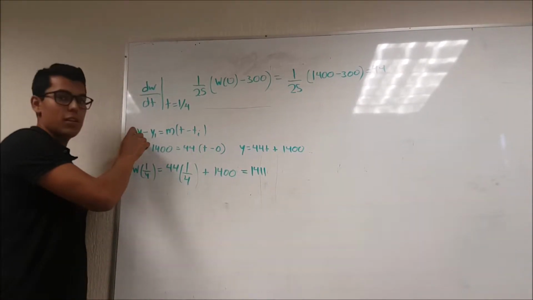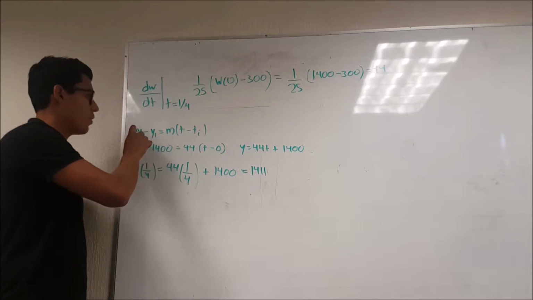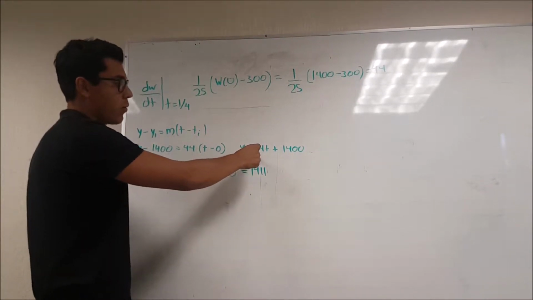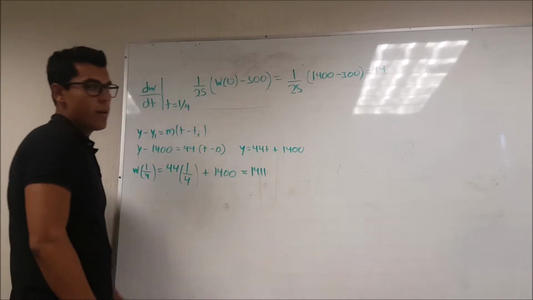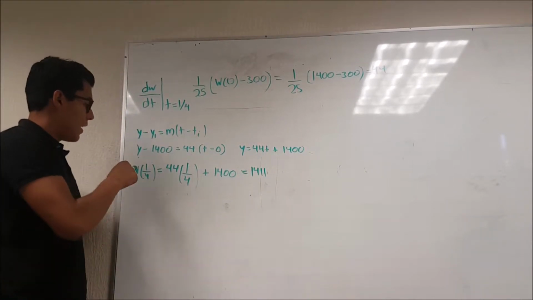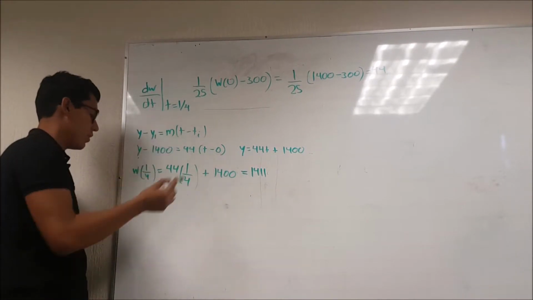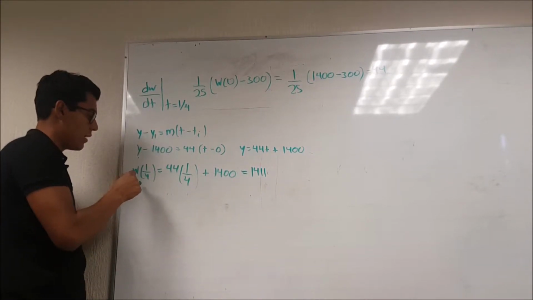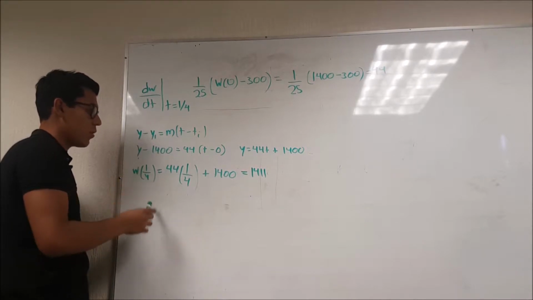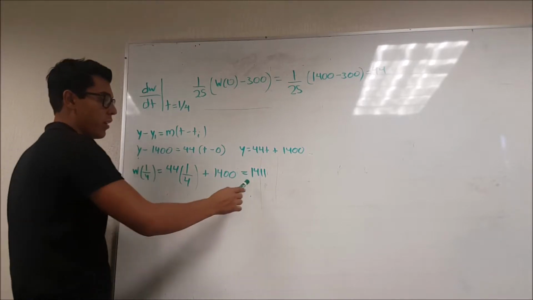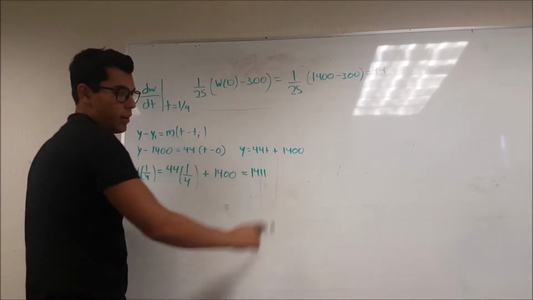Then we substitute in the point slope equation, and we get that the equation is y equal to 44t plus 1,400. So we evaluate the 3 months, this is 1/4, in the tangent line equation, and we get that the approximation when time is equal to 1/4 is 1,411.